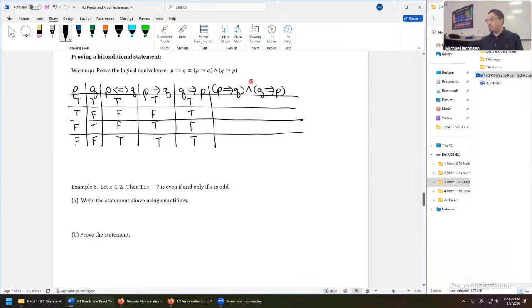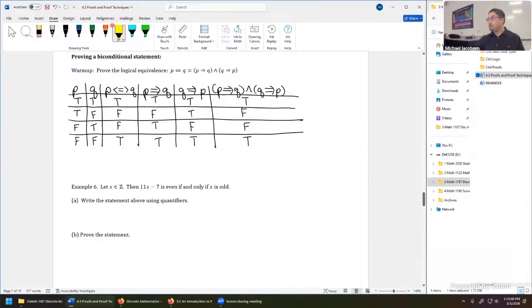But now we're looking at the conjunction, and this one is going to be true only when both the left and the right side are true as well. So we get true on this row. The moment a false occurs, the conjunction statement comes out as false. So false because of this one right here. And then we have true and true again, so we get true on this statement.